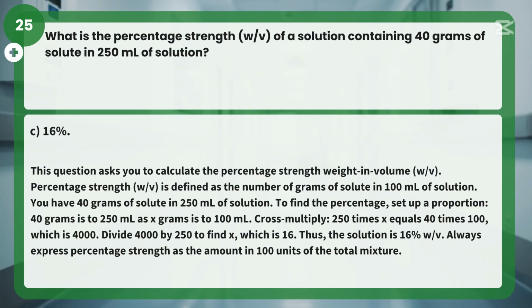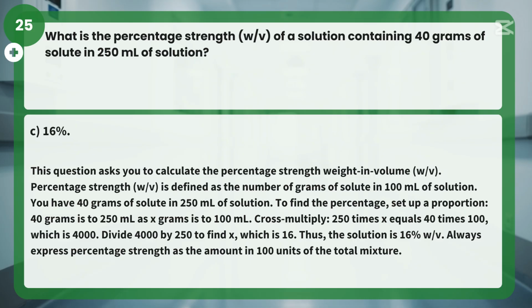Answer: C. 16%. This question asks you to calculate the percentage strength weight in volume, w/v. Percentage strength, w/v, is defined as the number of grams of solute in 100 milliliters of solution. You have 40 grams of solute in 250 milliliters of solution.